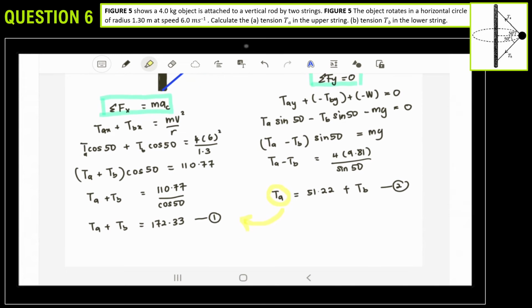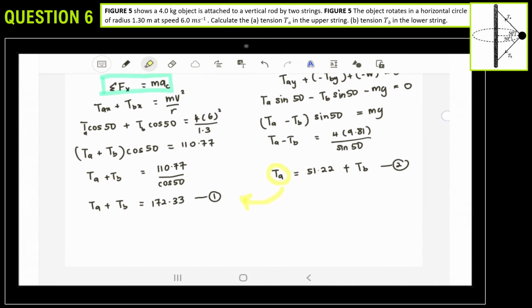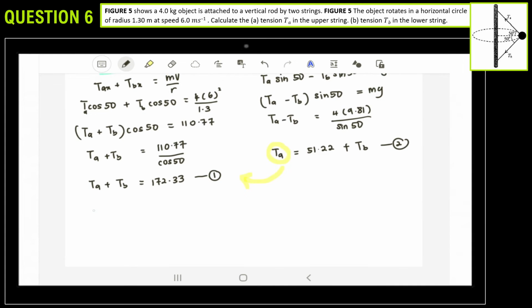Let's try to solve. Substitute equation number 2 into equation number 1. We have TA here, so we can straightly substitute 51.22 plus TB plus TB is equal to 172.33.